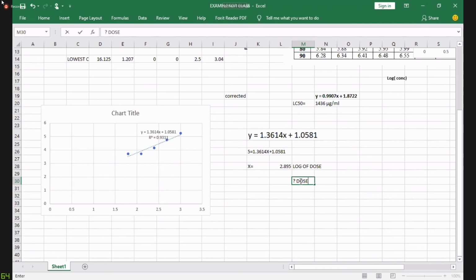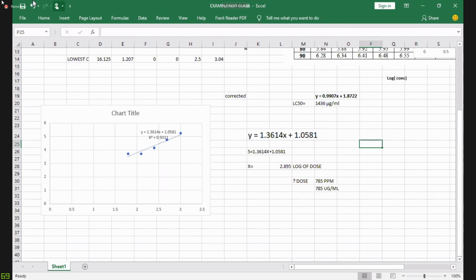You have to anti-log 2.895 to get the concentration, which is 785 parts per million, or 785 microgram per mil.